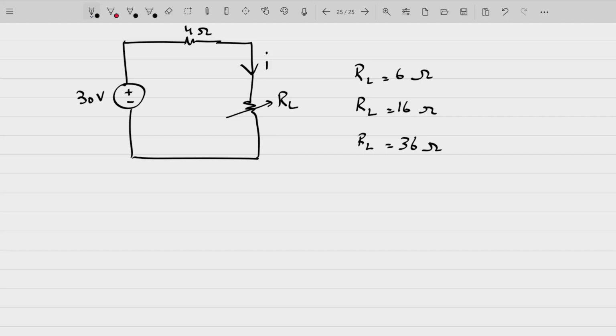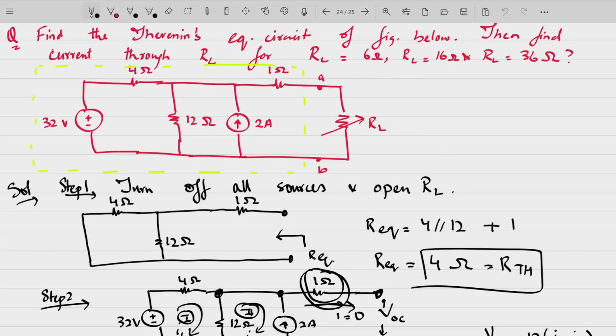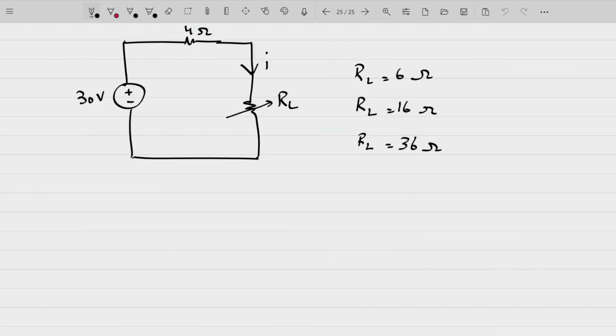Now if you did not have this Thevenin's equivalent, you would have to first place a 6 ohm resistor here, find out the current by solving this entire circuit. Then you have to put a 16 ohm resistance here, again solve the entire circuit. Then you have to put a 36 ohm resistor here, again solve this entire circuit. So it would have become tedious every time to solve that big network.